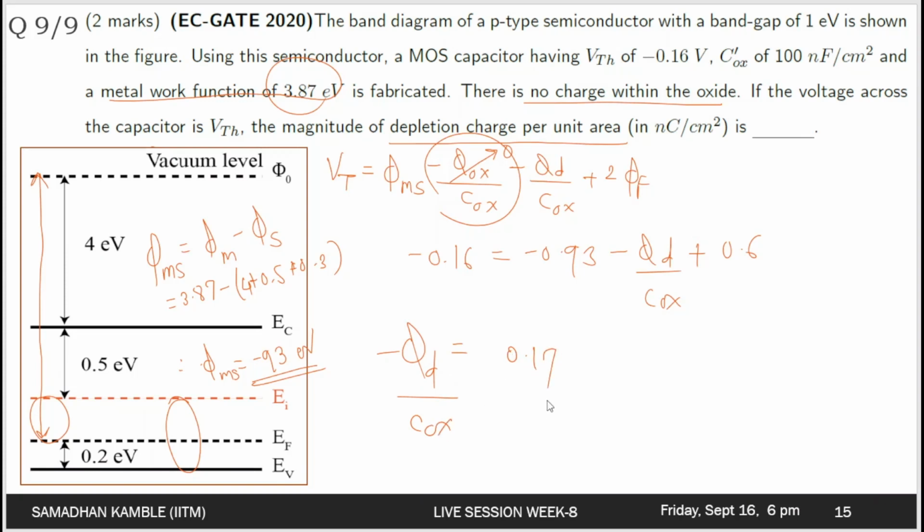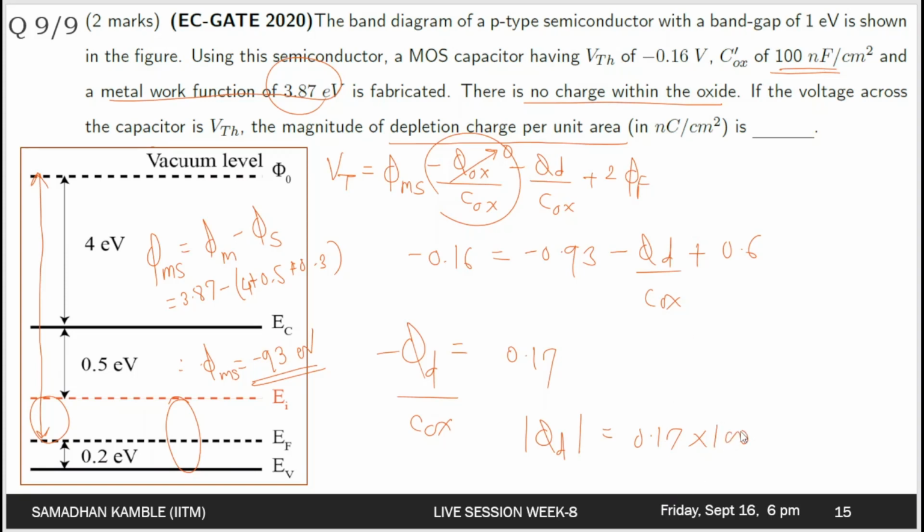0.17. We know that the substrate is p type in our case, that means the depletion charge qd is negative, but we are asked to find out the magnitude only. So the magnitude of qd is nothing but 0.17 times the oxide capacitance, and the oxide capacitance they have given as 100 nanofarad per centimeter squared.